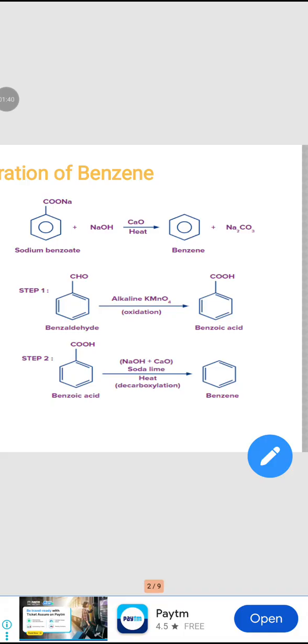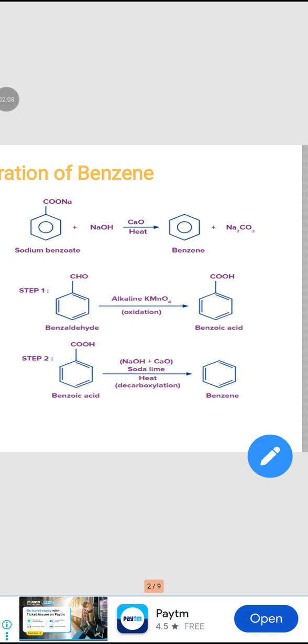Then the second step is that benzoic acid is heated with soda lime. The formula of soda lime is NaOH with calcium oxide. It is a decarboxylation reaction, so benzene is formed.